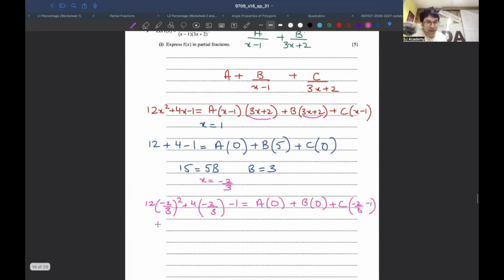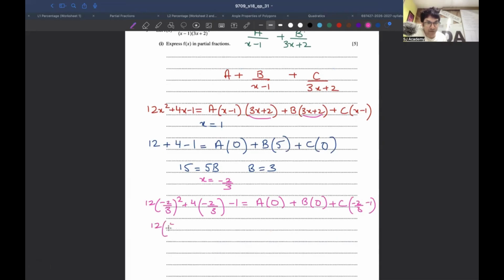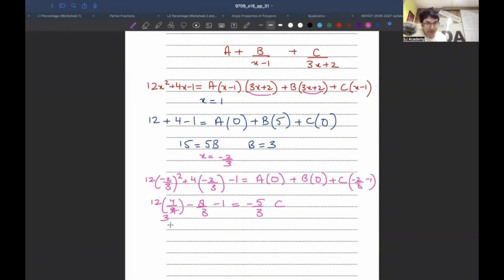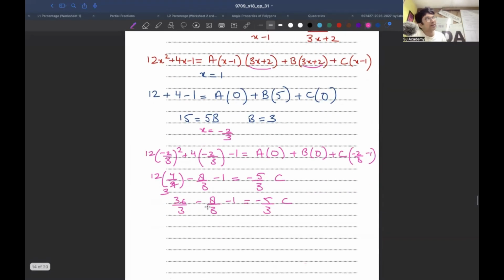Simplifying the left hand side, we get 12 into 4 upon 9 minus 8 upon 3 minus 1 is equal to minus 2 upon 3 minus 1, that is minus 5 upon 3, times c. So this will be 36 upon 3 minus 8 upon 3 minus 1 is equal to minus 5 upon 3c. 36 minus 8 is 28. So 28 upon 3 minus 1 is equal to minus 5 upon 3c.